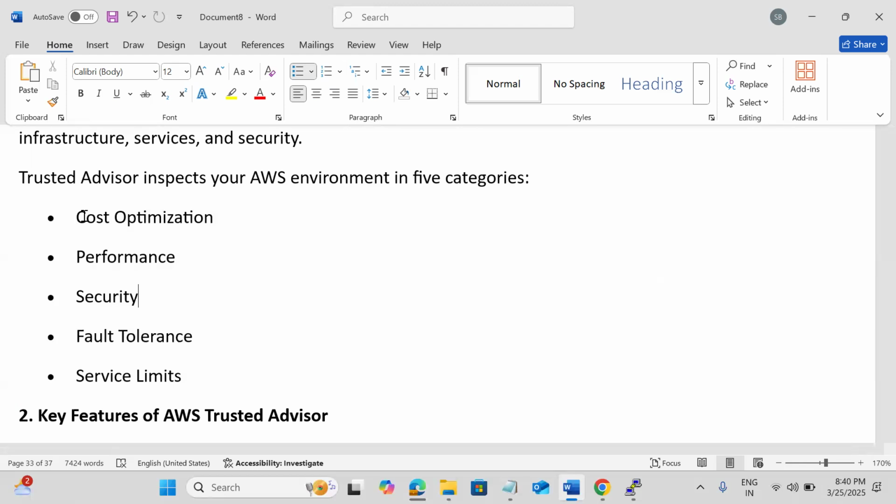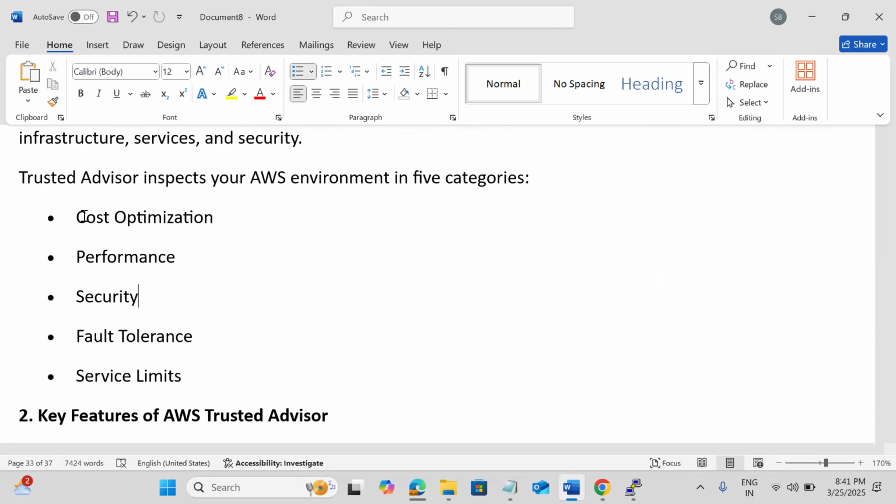Okay. So that means what AWS is providing, by using Trusted Advisor, is that you can get cost optimization, or you want to improve the performance, or we have some security bottlenecks where we need to improve the security, and we want high availability and fault tolerance, or your service quotas are limiting. That means for S3 buckets, I can create 100 buckets, but already I have used 95%. Then I'm going to get some advisories that already 95% of the resources have been used.